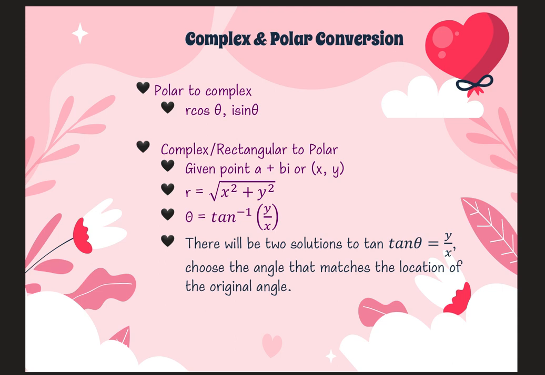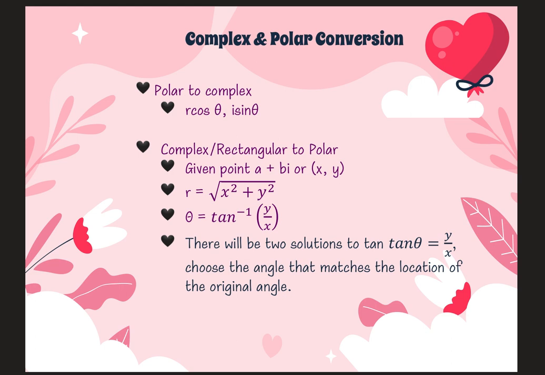Okay. All right, now how do we go from one form to the other? You can get asked to go from polar to complex, from complex to rectangular, or from complex or rectangular to polar. They all kind of mean the same thing though. Let me do the other way first. If you're in polar and you're going the other direction, it goes back to when we multiplied the radius by the cosine and the sine, like we did in trig form.